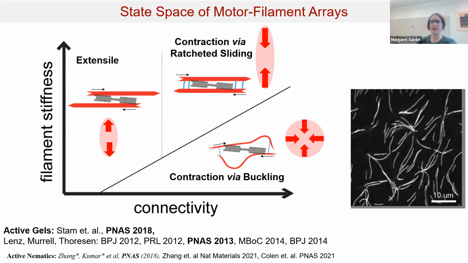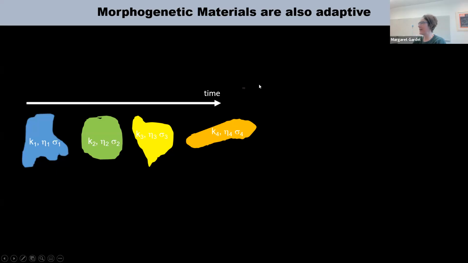Okay. All right, so the next part that I want to talk about is that in the past couple of years, I've become more interested in going back to thinking about those first movies of cells. I think we have a pretty good handle on how to describe the activity, right? Now that we have that phase diagram, I think we have an idea of how to go about describing active stresses.